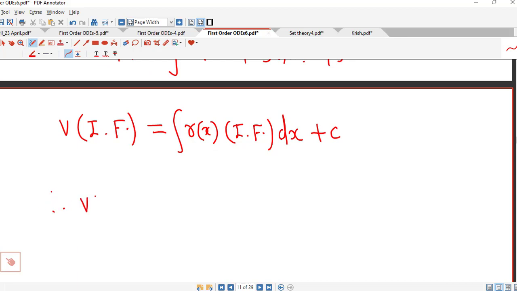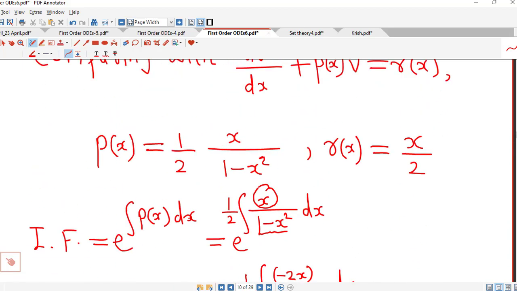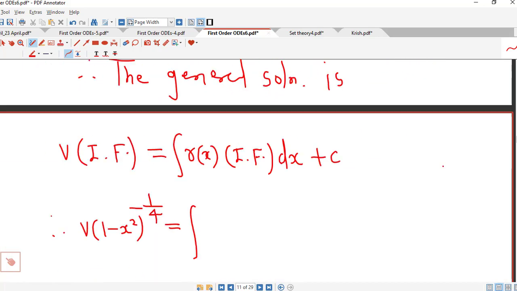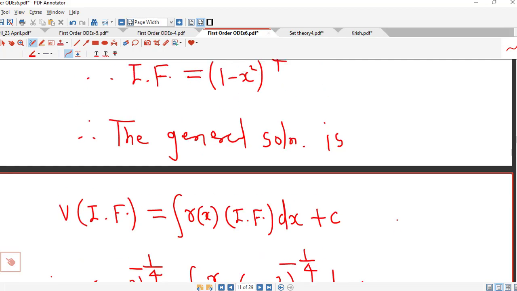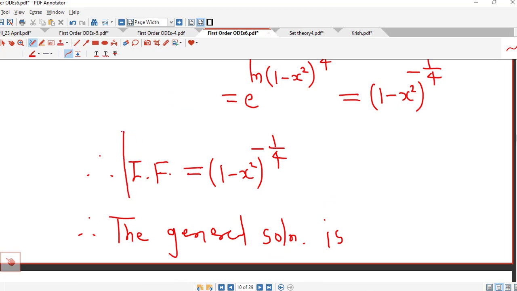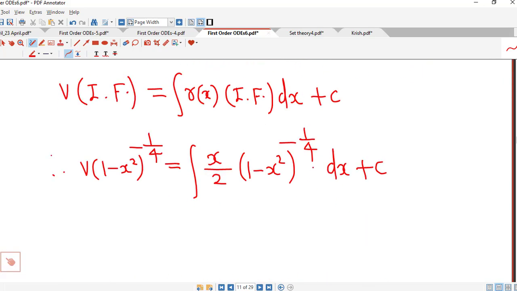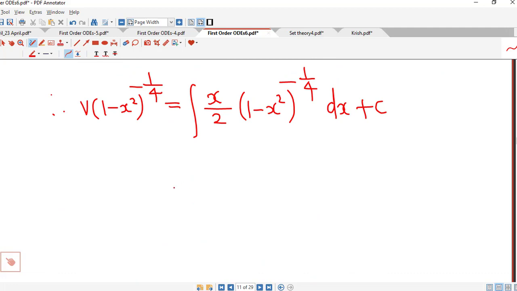Therefore v times 1 minus x square raised to minus 1 by 4 equals, and let me check what is right hand side. It is x by 2. Integral of x by 2 times 1 minus x square to the power minus 1 by 4 dx plus c. Integrating factor was 1 minus x square to the power minus 1 by 4.